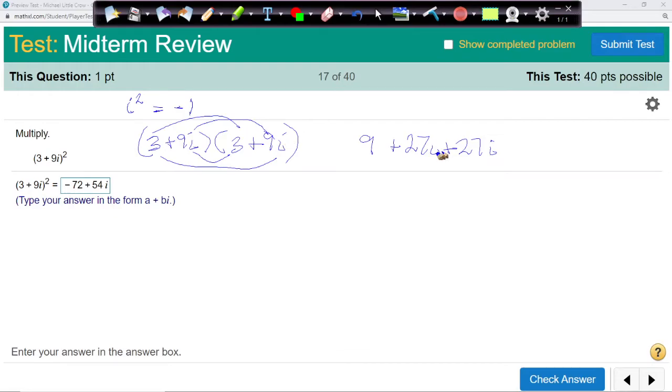This is the part that will throw most people. So 9 times 9 is 81. And then i times i is i squared. I squared is negative 1, right? So this becomes negative 81. And then we've got this 9. So 9 minus 81, if you do that, you get your negative 72.